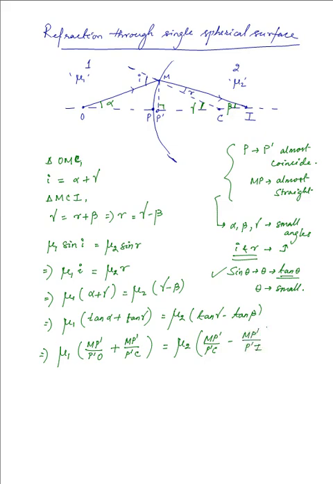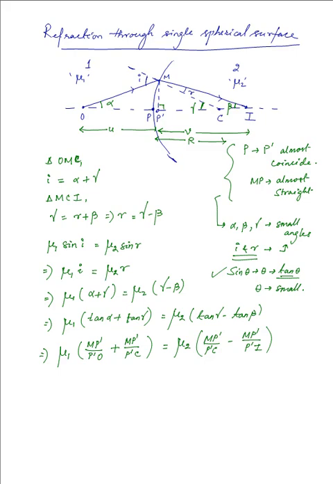Now, for the distances that we are considering from P dash on both the sides, the object obviously lies at the object distance U, the image lies at the image distance V, and for the center, we have that to be equal to the radius of curvature of the given lens, a single surface. So we substitute these values.